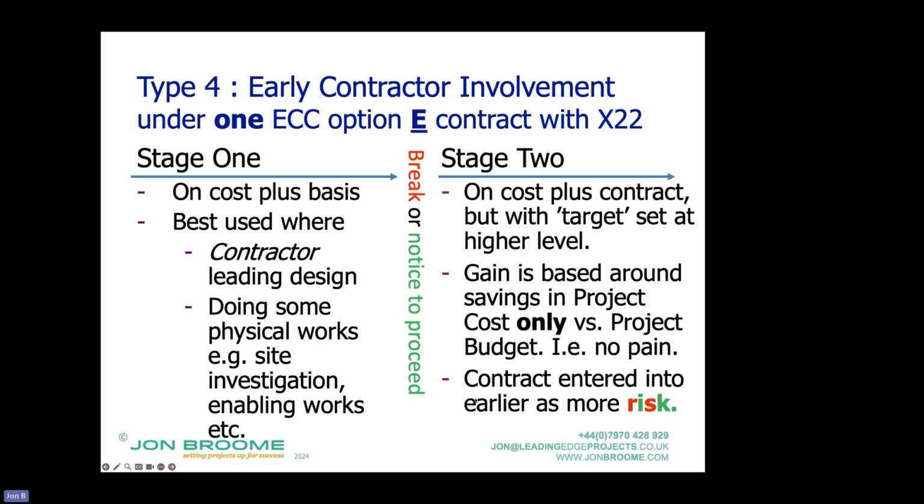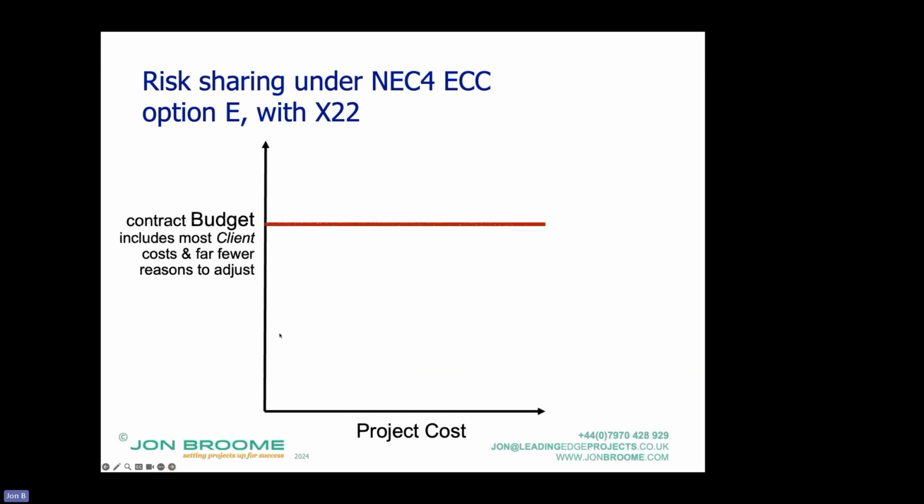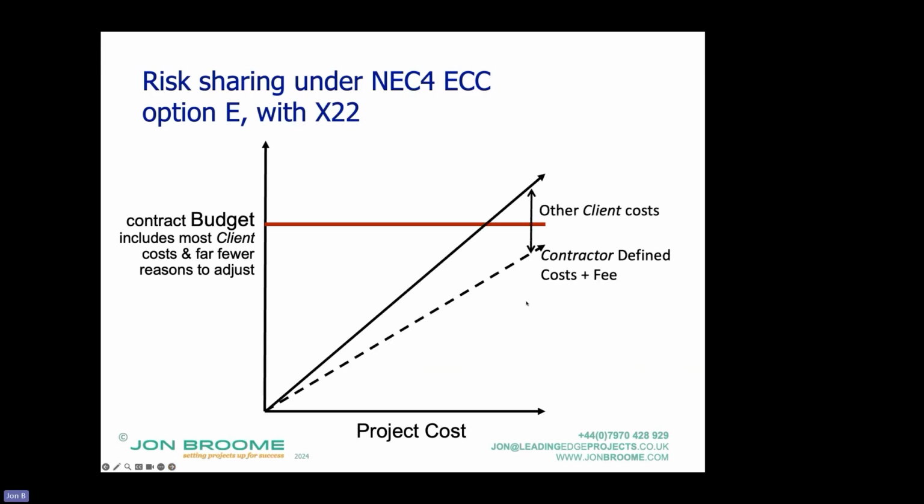It's entered into earlier, as there's more risk. So if we just look at this, you've got a contract budget which includes client costs as well. So land take, for instance. Now, because there's a pain and gain share around client costs, the contractor is motivated to minimize the client costs, not just their own costs.